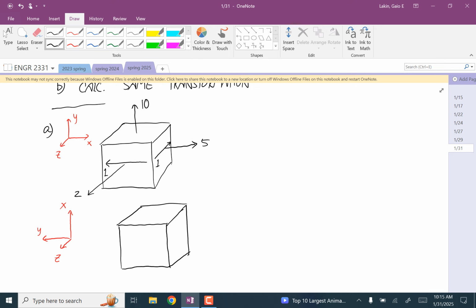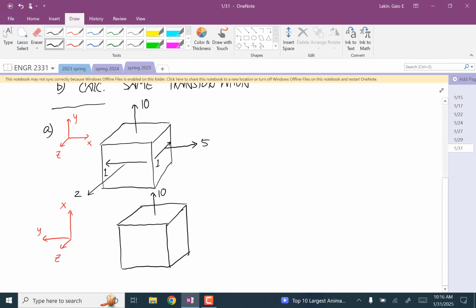if we're representing this in this new coordinate system, nothing's physically changed. All we've done is rename the faces, okay? So for it to be the same state of stress, these values all have to be the same. Like, what does this look like? I mean, it looks exactly like this.